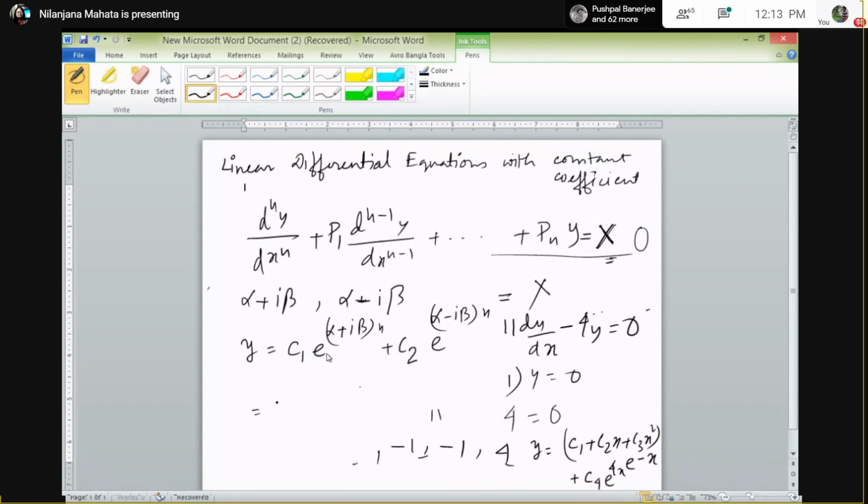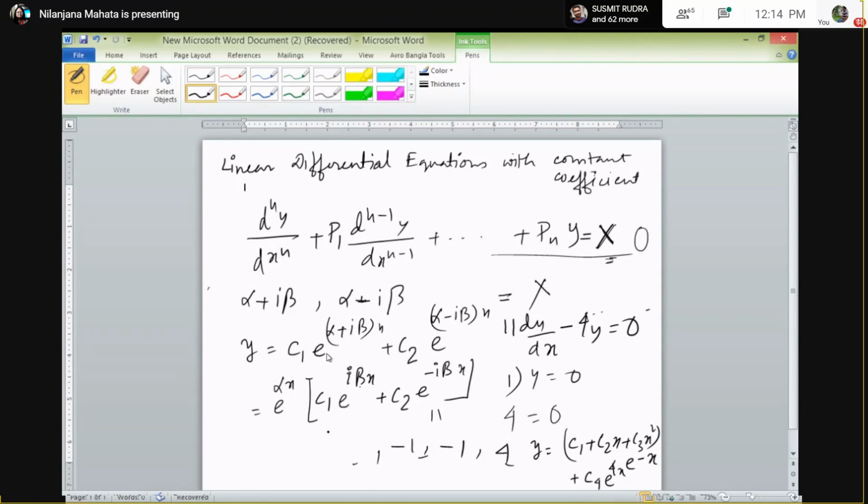You can take e to the power alpha x common. So you have C1 e^(i beta x) + C2 e^(-i beta x). And you know e^(ix) is nothing but cos x + i sin x, so e^(-ix) is cos x minus i sin x.